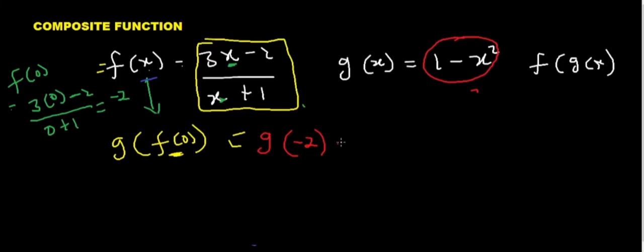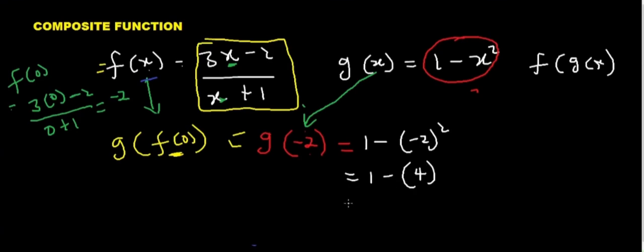And how do we do this? That means we're going to write this, because this one here is like replacing this x with this minus 2, which means my final answer is 1 minus 2 squared, and that is 1 minus 4, and that is minus 3.